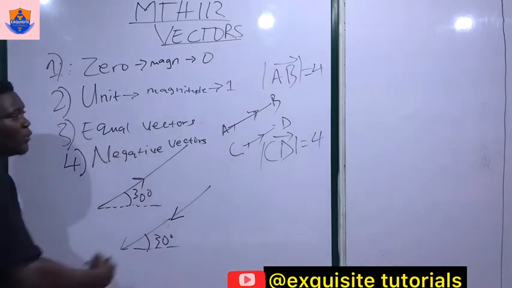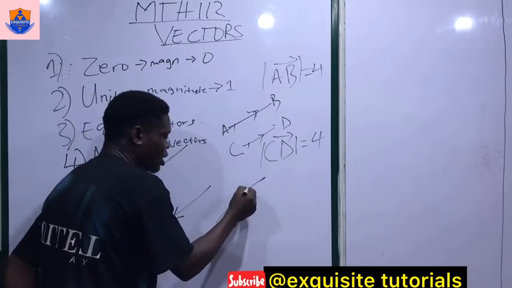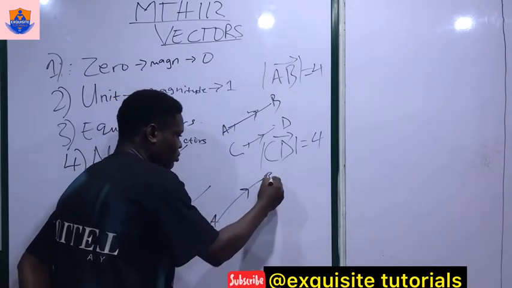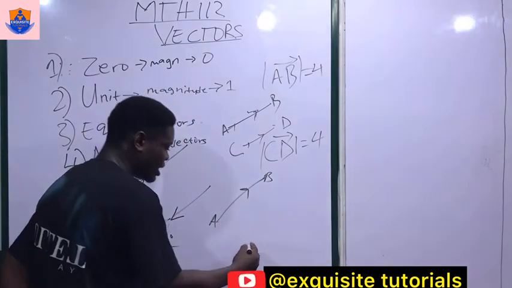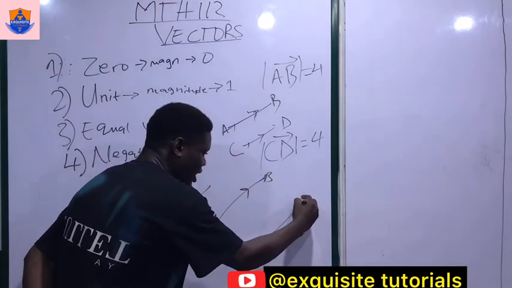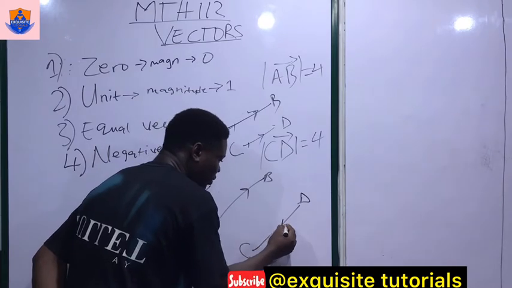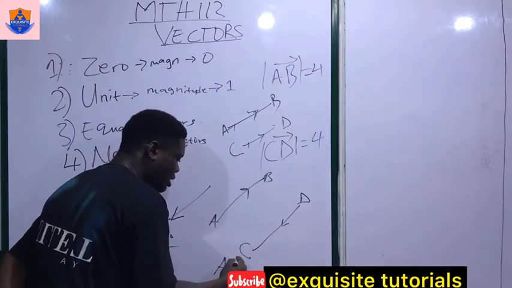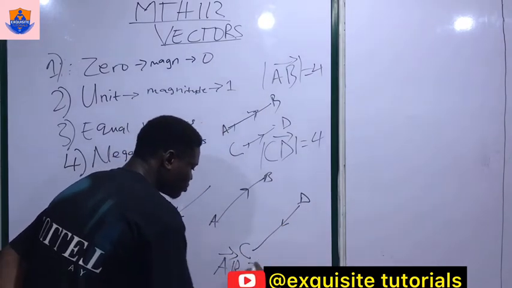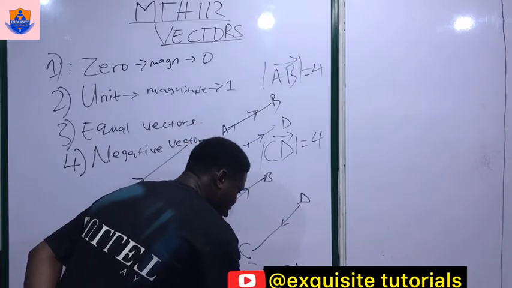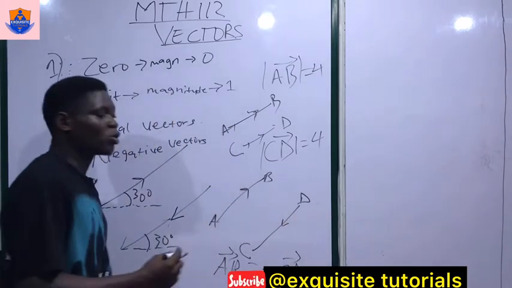Negative vectors. So if AB and CD had the same size but opposite direction, we can say that the vector AB is minus CD. This is what a negative vector is all about.